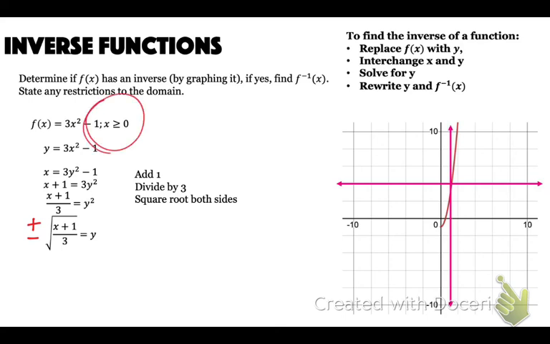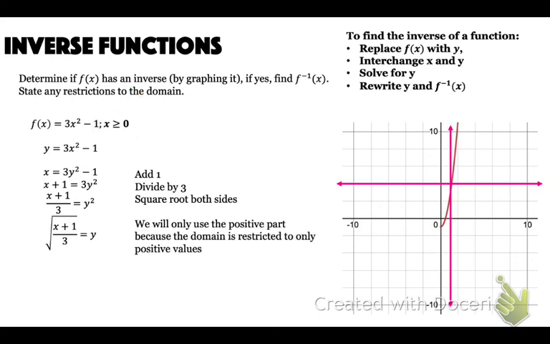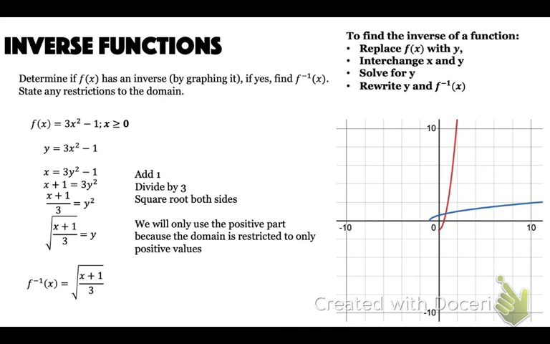But since our domain is restricted to the positive x's, I'm just going to do the positive of the square root. If this was restricted to the negative x's, I would have done the negative of the square root. Cool. So we only use the positive part because the domain is restricted to positive values. Okay, so then there is my inverse, and it does reflect over that line.